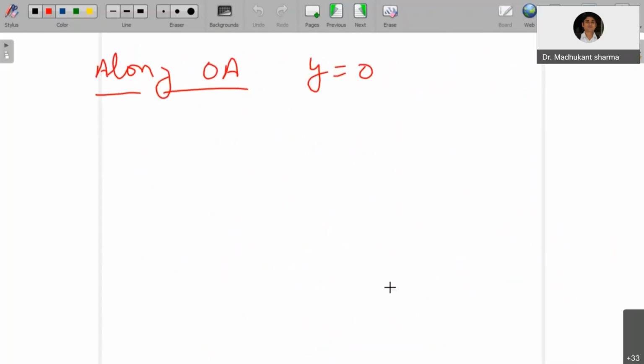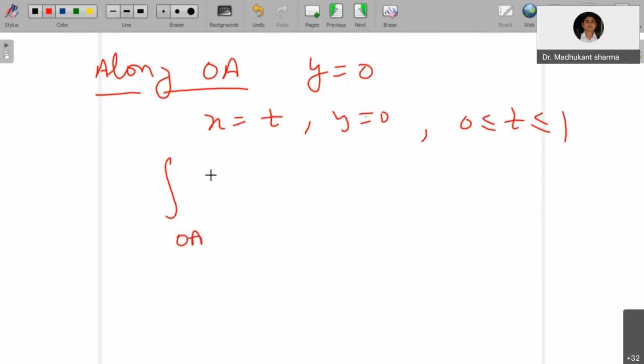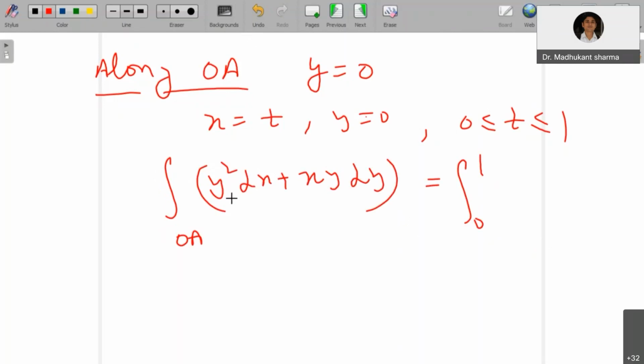So x equals t, y equals 0, 0 less than or equal to t less than or equal to 1. So the integration along OA of y square dx plus x times y dy is the integration from 0 to 1. Y is 0 and here x times y is also 0, so nothing is there, so that's 0.